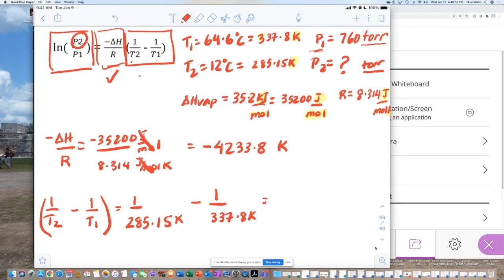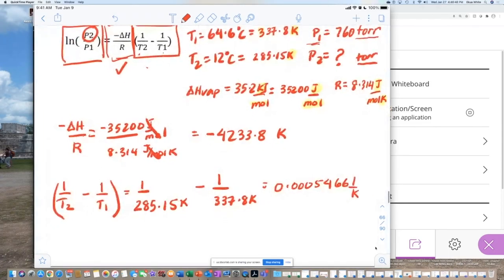Okay, I get this number 0.0005466, and this is 1 over K. So now these are both on the right. I've done that part, I've done that part.